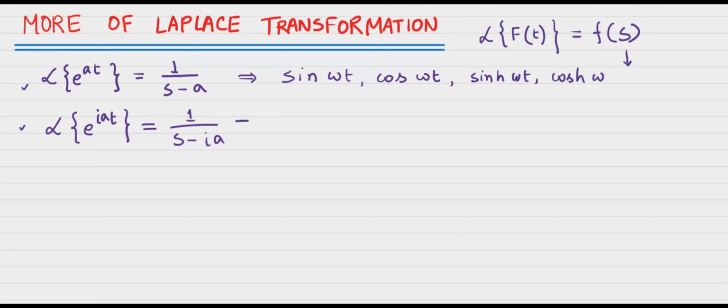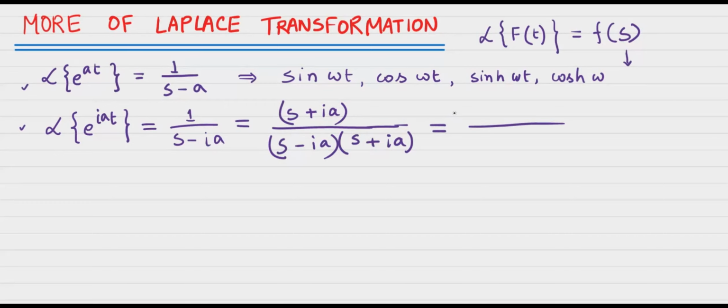Now we can treat it to make it a bit better in appearance, and the easiest way is to multiply the numerator and the denominator by the same number, which is s plus ia. The benefit is that the denominator becomes an interesting pattern, s plus ia times s minus ia, which gives s squared minus i squared a squared, which means s squared plus a squared.